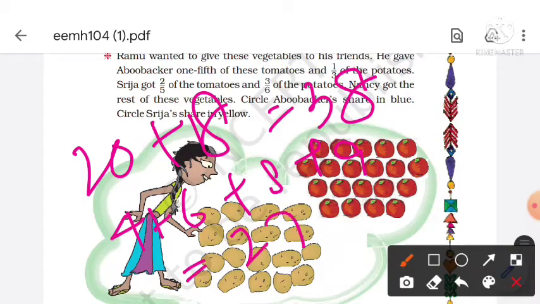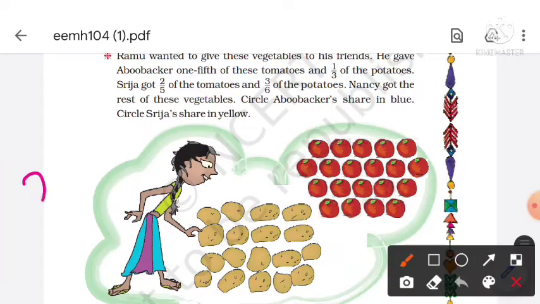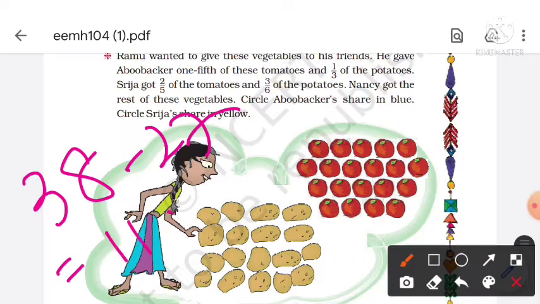Total is 27. So out of 38, 27 are already distributed to Abu Bakr and Srija. So Nancy will get 38 minus 27, that is 11 vegetables here. Okay, got it?